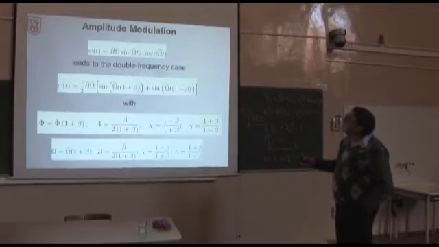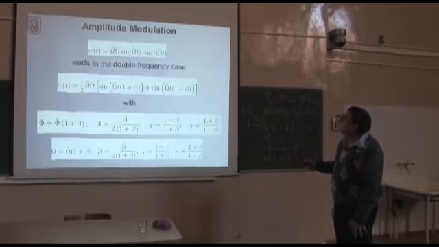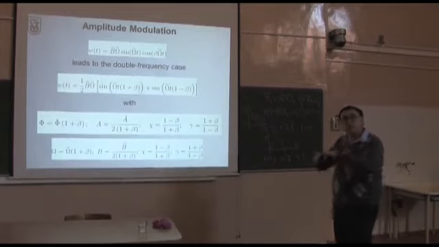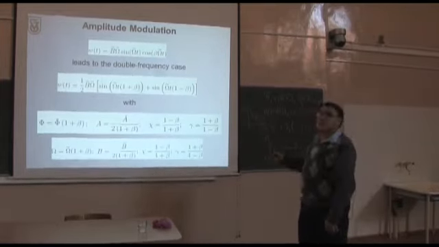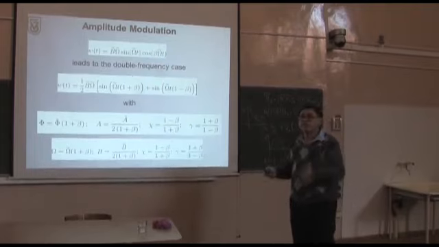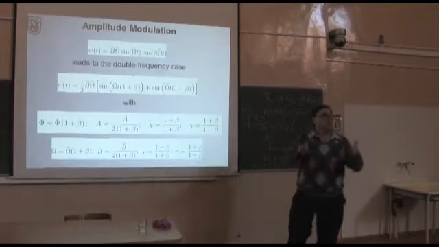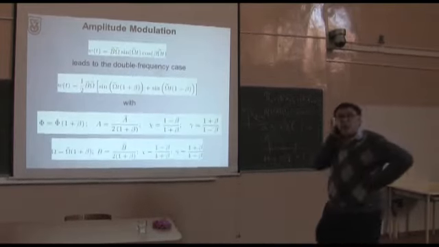This is the base frequency of our forcing, and this beta is associated with the modulation of the amplitude. Let's assume that beta is positive but smaller than 1, so it means that the modulation is slower than the forcing provided by the main frequency. And let's see what happens.